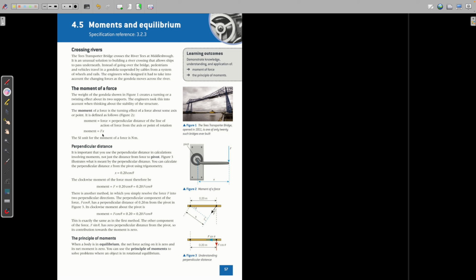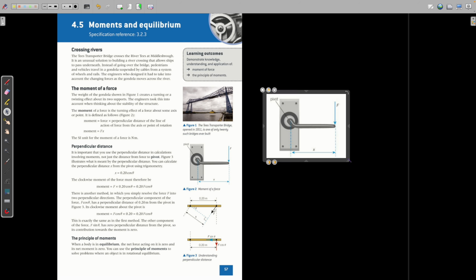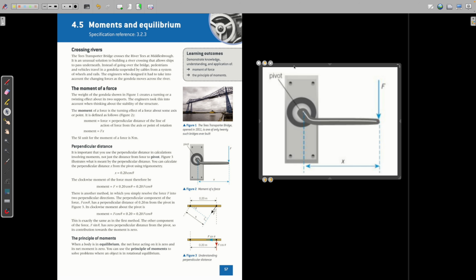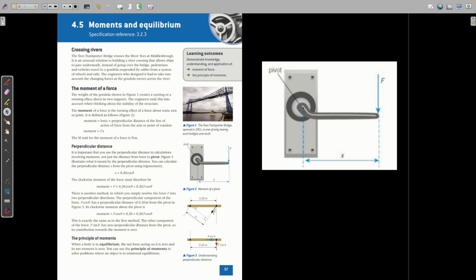And moment is F times x. So it's got the SI units, newton meters. So there's an example here. If I just copy this here, then we have a handle, and here's a pivot point.